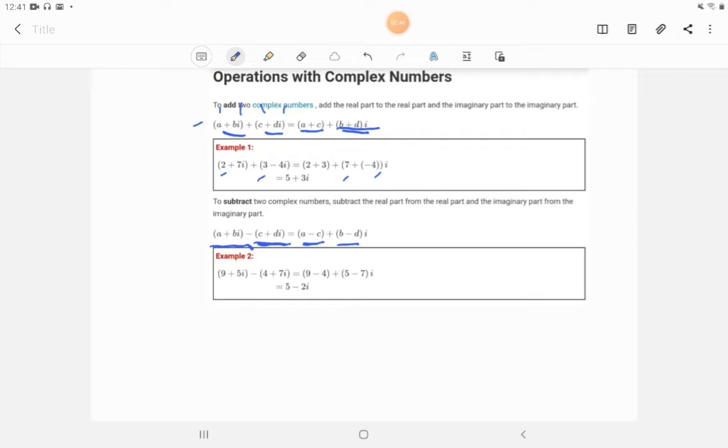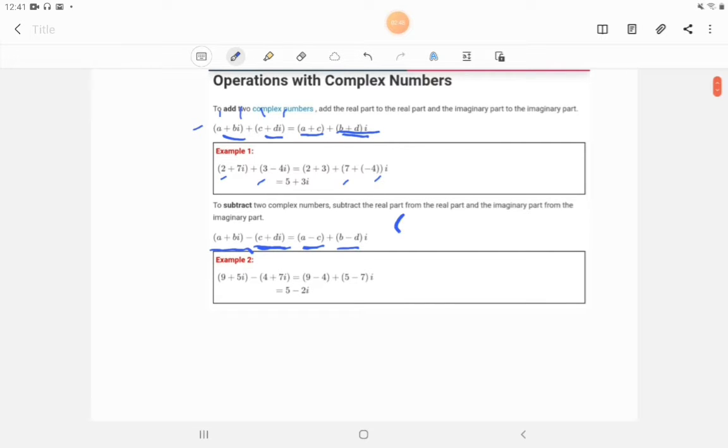You can also simplify it first before you do the subtraction. So for instance, we have a plus bi minus c plus di. So we can remove the parentheses, minus c, and then distribute negative di.